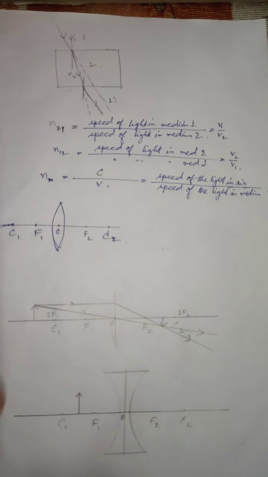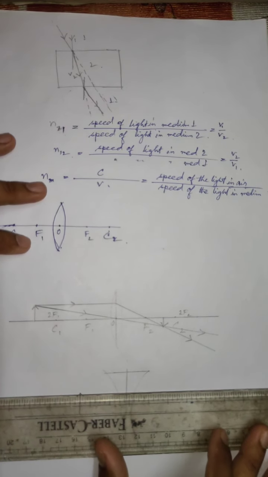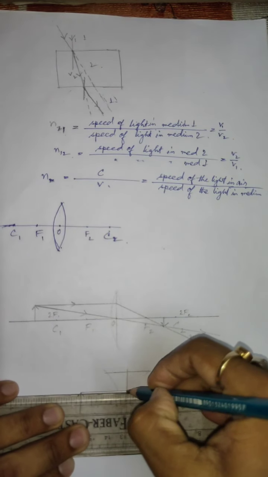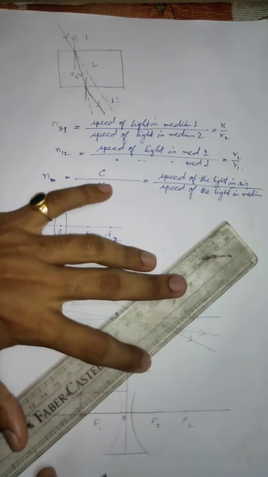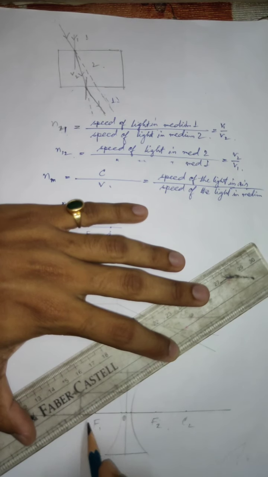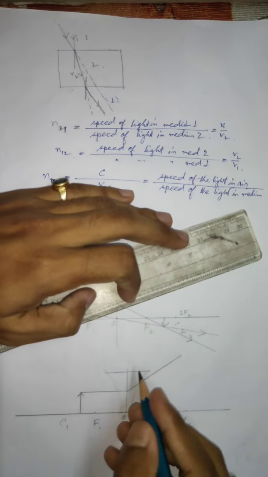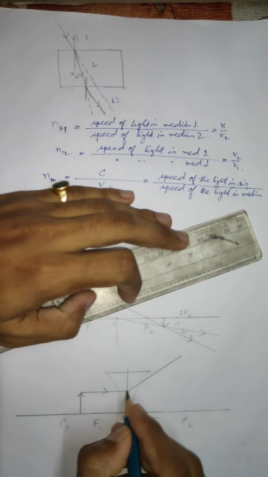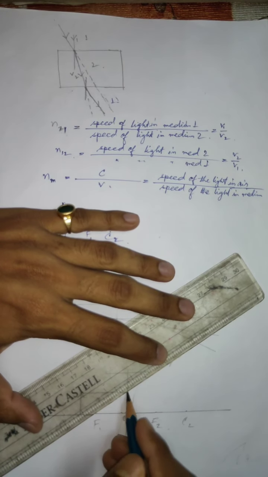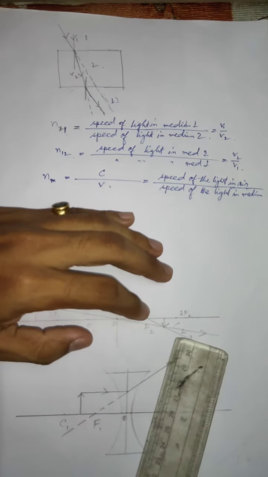Now the ray will pass through it. After refraction, the rays diverge, but it should be drawn with the point of focus. The ray passing through this goes in this direction after refraction, but if we extend it, it will pass through the focus.